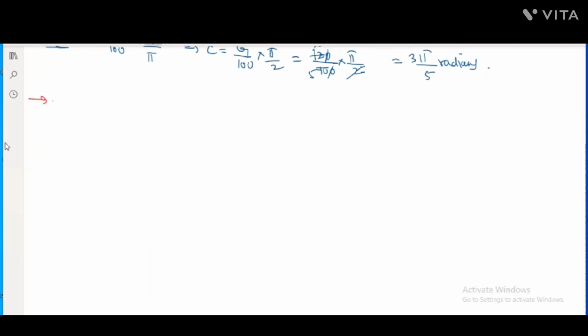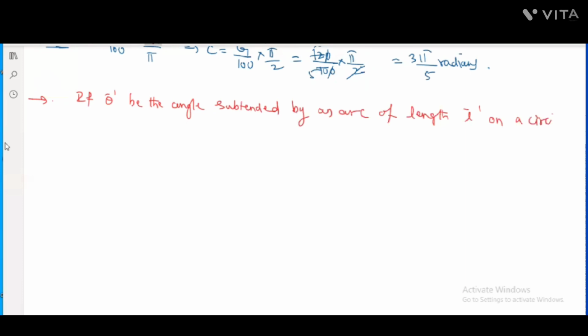There is one important note here: if theta is the angle subtended by an arc of length L on a circle of radius R at its center, then how can you find the length of the arc?